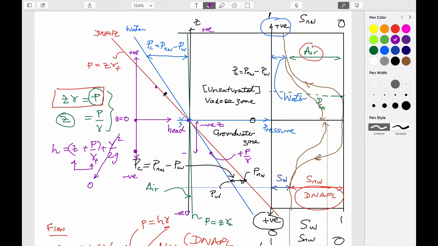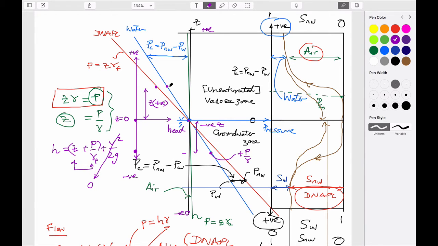By the same token, if you go up to somewhere here, to this point here, then this is also equal to Z. It's equal to a positive value, right? By definition, because we're going upwards.